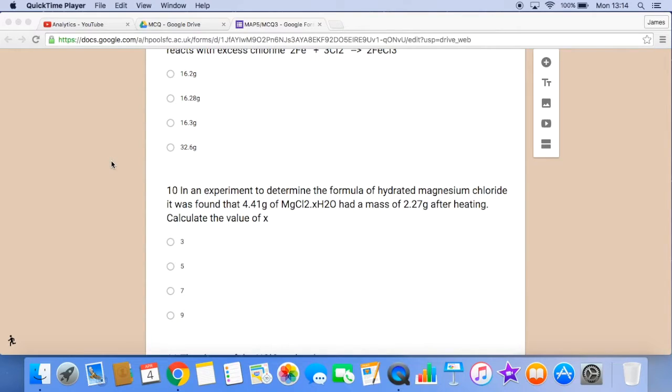Number 10, in an experiment to determine the formula of hydrated magnesium chloride, it was found that 4.41 grams of MgCl2.xH2O had a mass of 2.27 grams after heating. What's the value of x?